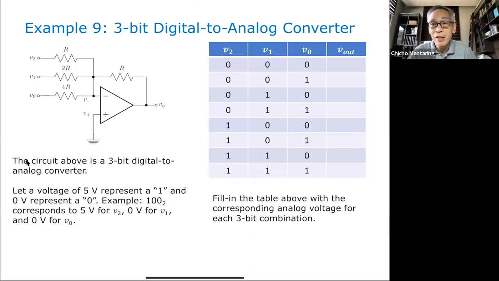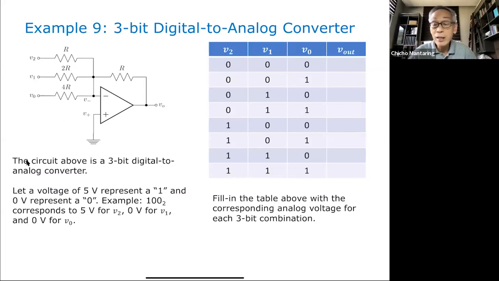You take that up in grade school, you already take up bases. If you want to represent 100 in base 2, that corresponds to having 5 volts here, 0 volts here, and 0 volts here. So that's our 100.